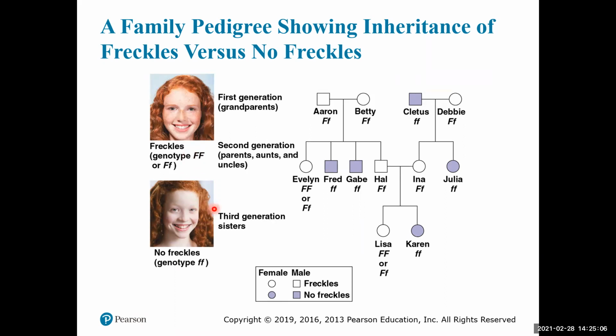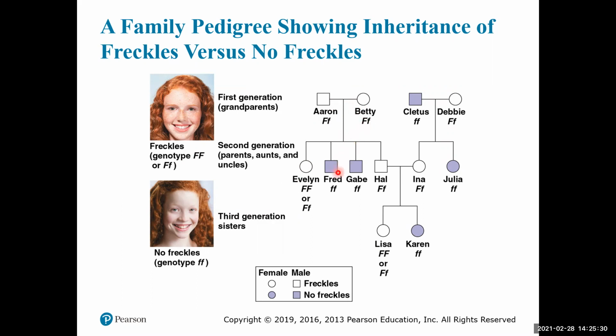So freckles is a dominant phenotype, and no freckles is actually recessive. Okay, so if we look at the parents, Aaron and Betty, they are heterozygous for freckles. Okay, so that means that they have freckles and they are expressing that dominant phenotypic trait.